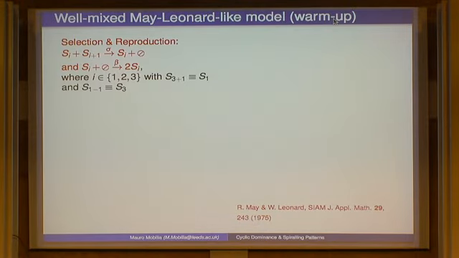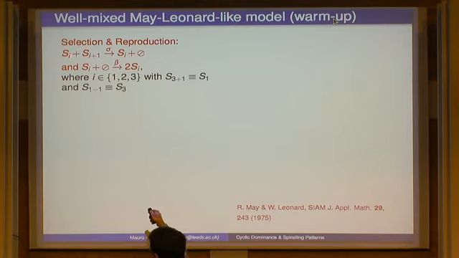As a warm-up, and a useful one to keep in mind, let's see what happens in the well-mixed case, at the mean field level. This is essentially what would happen in the flask, right? When everything is well-mixed, space does not matter anymore. The only thing that matters is cyclic competition and reproduction. So here i is 1, 2, or 3, species 1, 2, or 3.